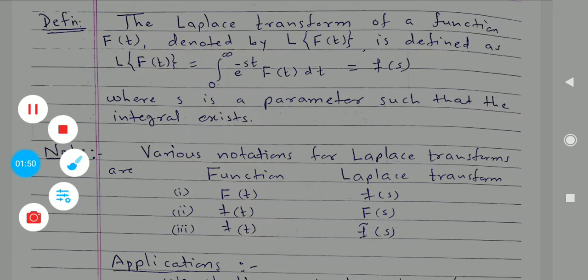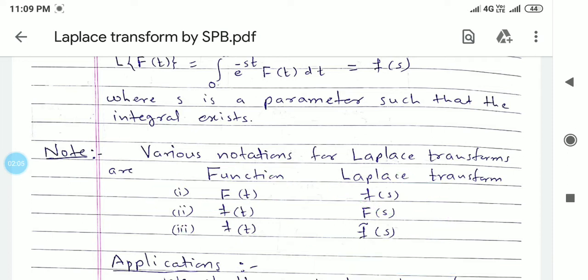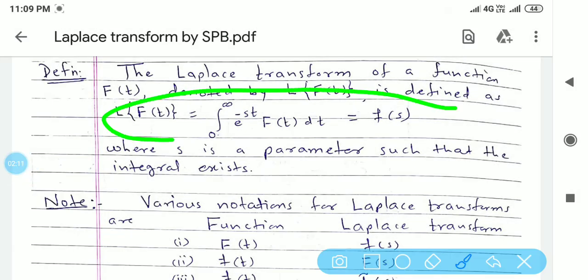That is, if the function is f of t, its Laplace is F of s, and so on. But in this course, we are going to use this notation. This is fixed for us.